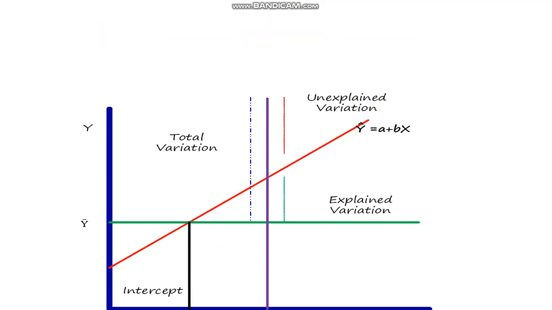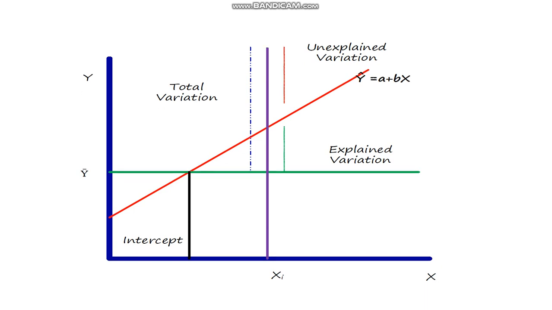Here we understand these variations through a graph. This is the x variable, the independent variable, and this is the y variable, the dependent variable. This green line shows y bar and this red line shows the straight regression line.